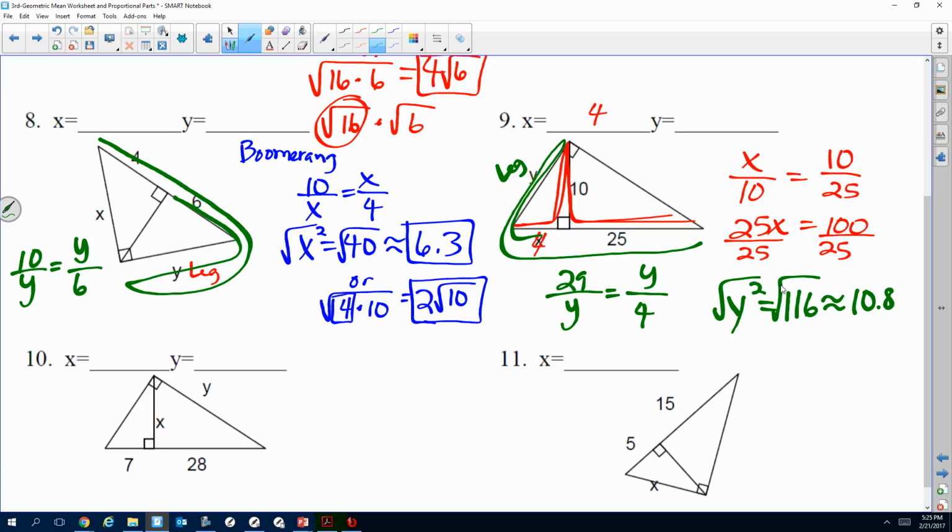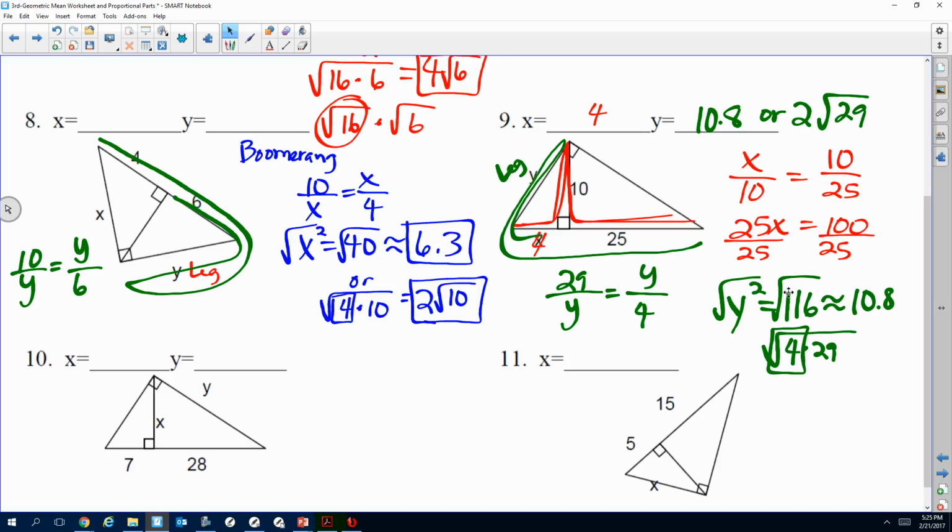So if we need to simplify this, I can simplify this into a smaller radical by doing 4 times that 29. It just happened it worked out this way. It doesn't always. We know 4 is a perfect square, so that comes out. So that gives me 2. The square root of 4 is 2, and what remains inside is the 29.